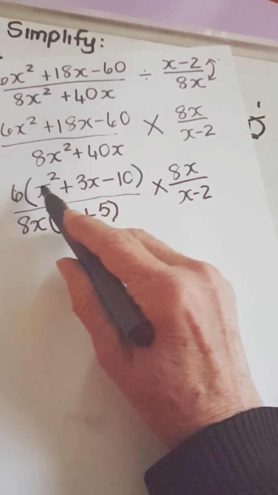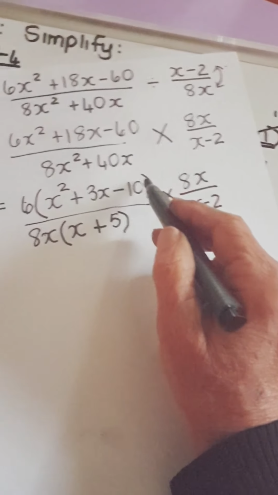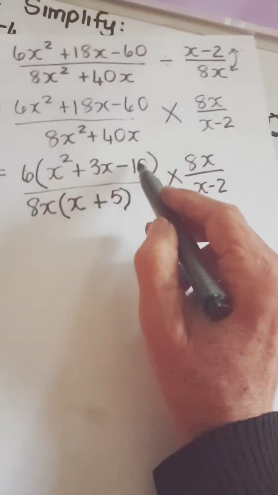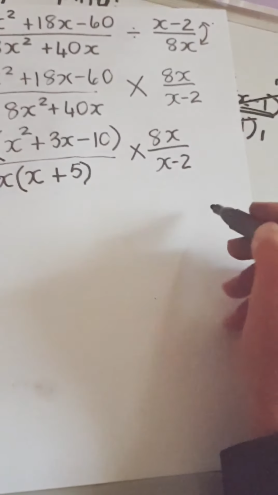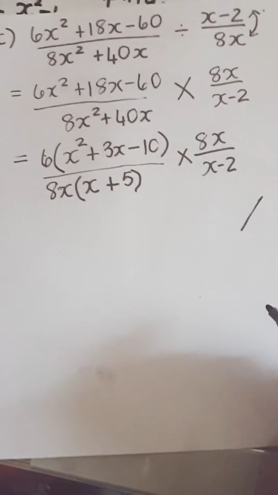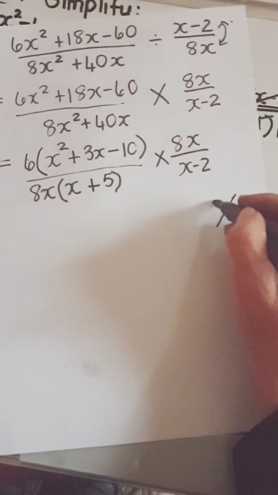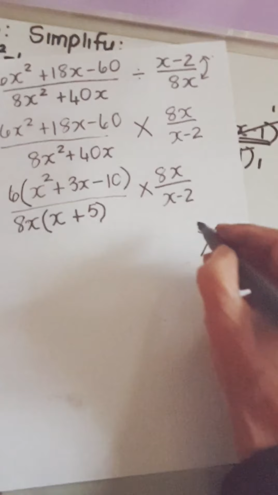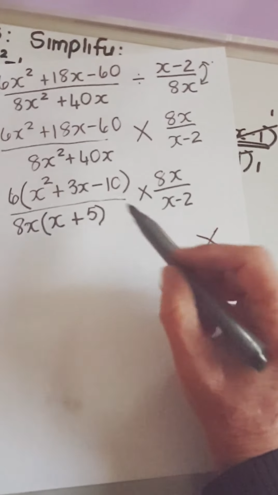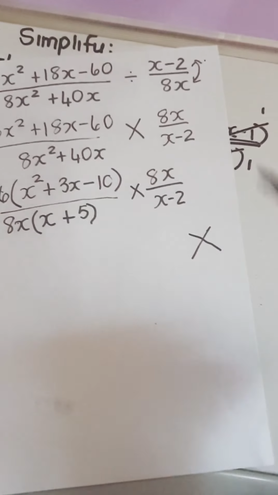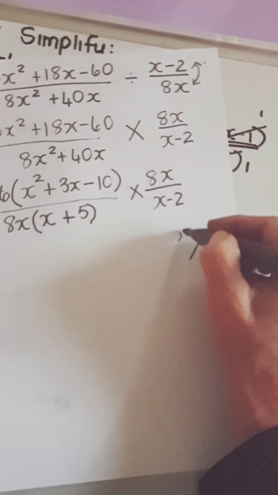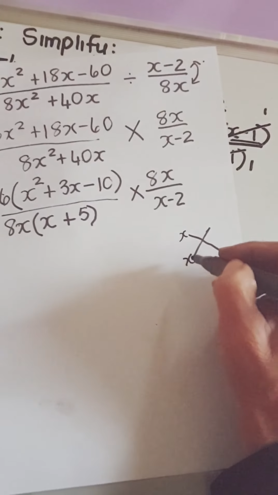So now let's look at what is in the bracket here. It's a quadratic expression, which means that it can be factorized. So let's do that. So I'm going to look at my first term of my trinomial, which is x squared. So I know that x times x will give me x squared.